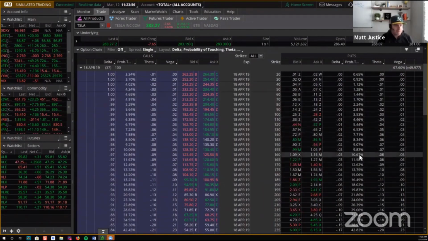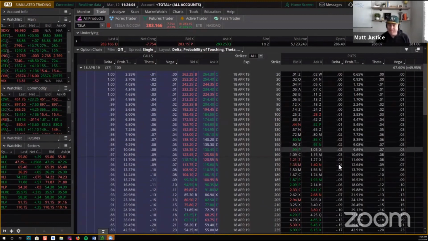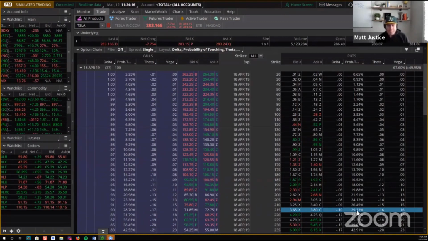Now, what the probability of touching states is that at any point in this time frame, 37 days, you have that same 10 delta right here at 215. You have a 90% probability of cash flowing, but there is a 29% probability that that strike price is going to be hit at some point within that 37-day contract. And as veteran traders, we all know that that's where the risk truly lies.